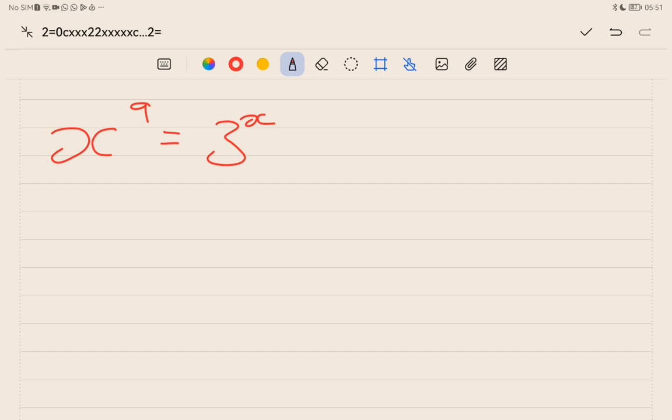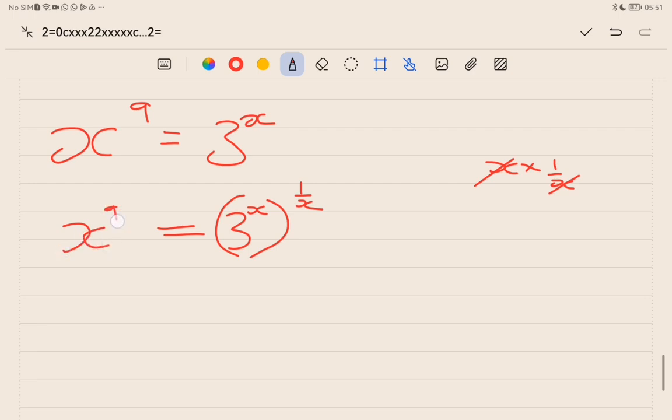So let's start by transferring x. How do we transfer x? The same way. What you do on the right hand side, you do on the left hand side, and here we remain with 3.